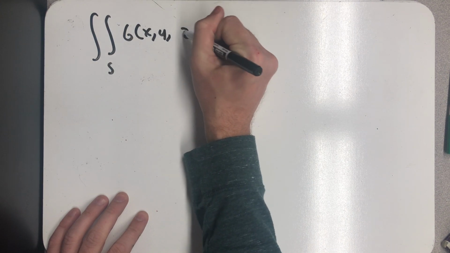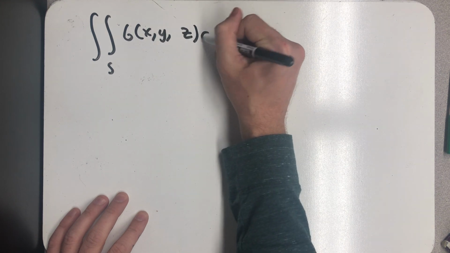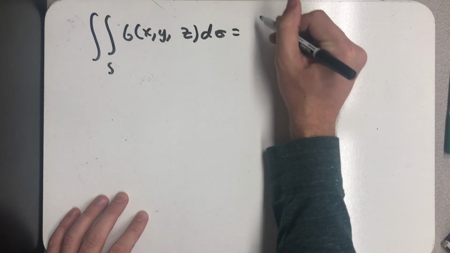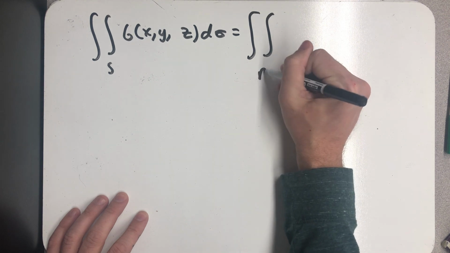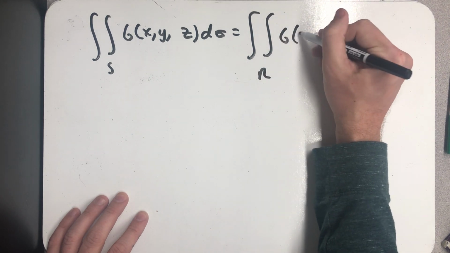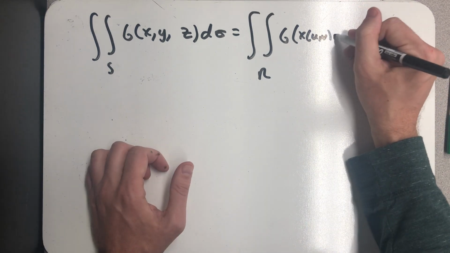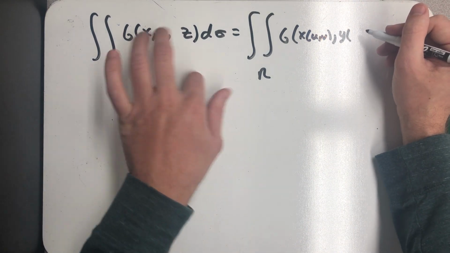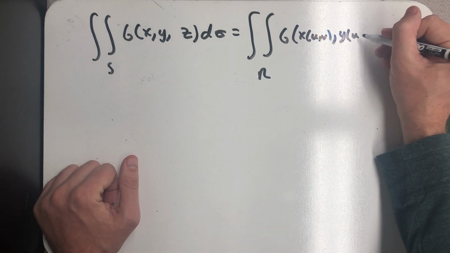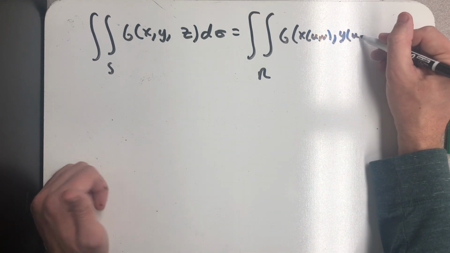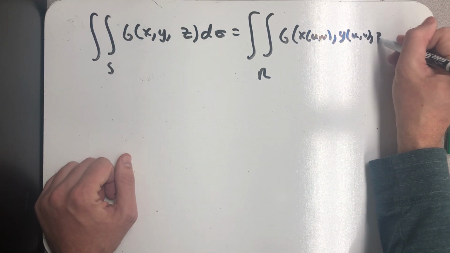So to evaluate a surface integral, we would simply do this. We'd replace x, y, and z with the components of r. So I'm going to think of those as x of u,v, y of u,v, z of u,v.